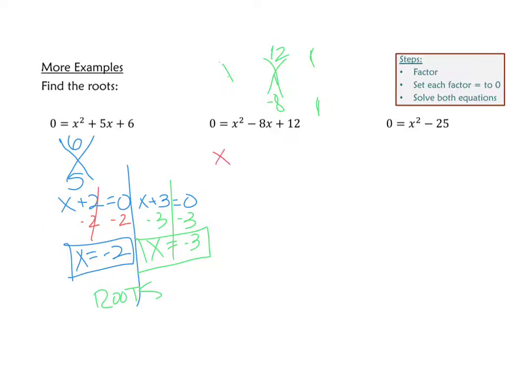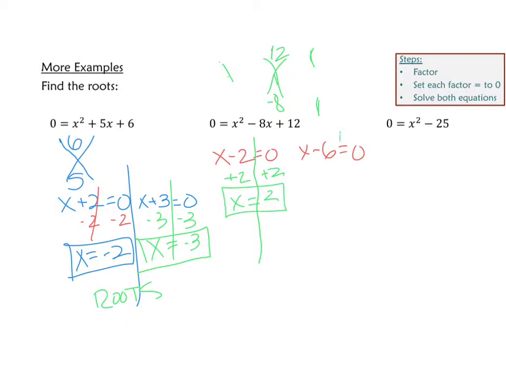So I would have x minus 2 equals 0, and x minus 6 equals 0. Then I solve them the way we've been doing it since the beginning of the year. Letters on one side, numbers on the other. To get rid of a negative 2, I do the opposite, which is plus 2. And I end up with x equals 2.